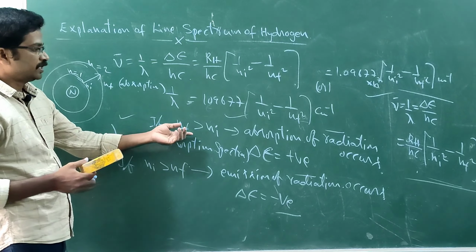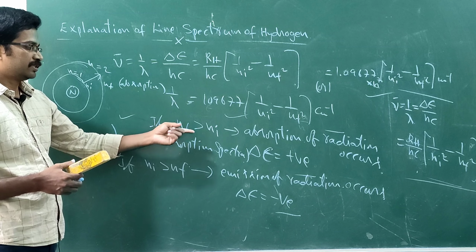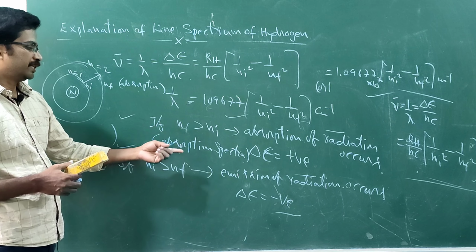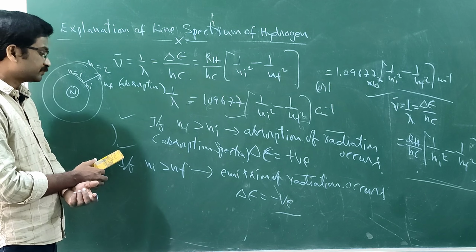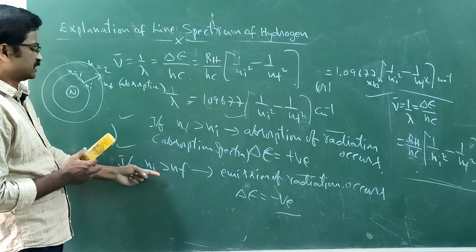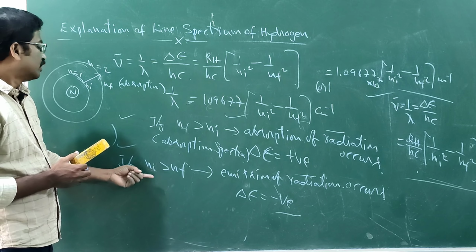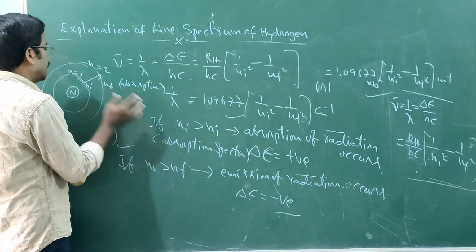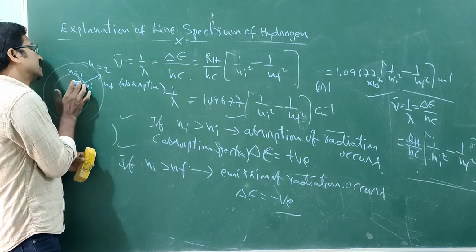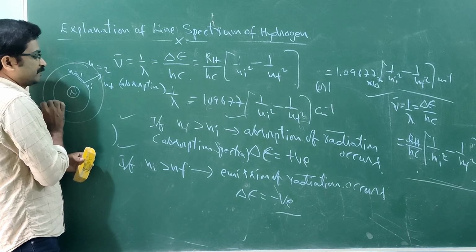This is the absorption of radiation. It means absorption of radiation occurs, giving the absorption spectra. What does this mean? In absorption, the starting point is here, and the electron goes from this point to this point.